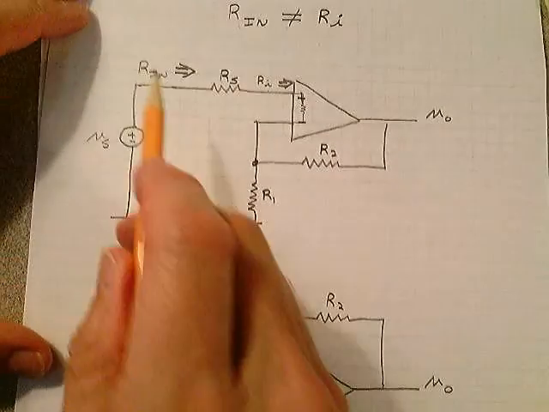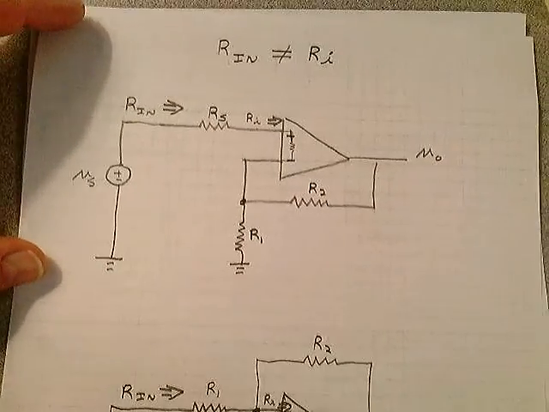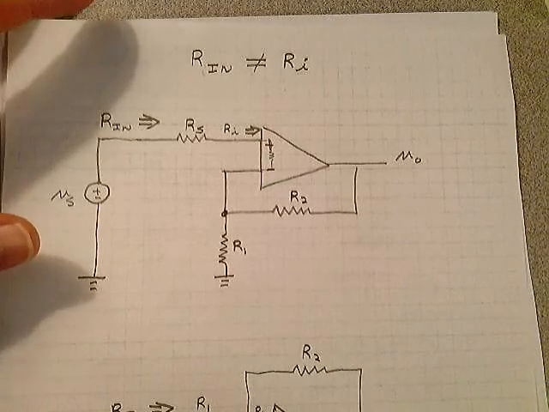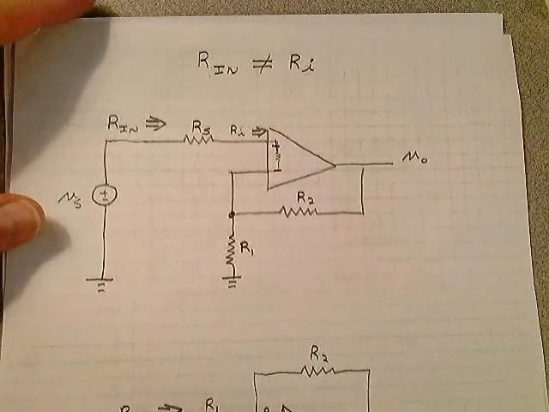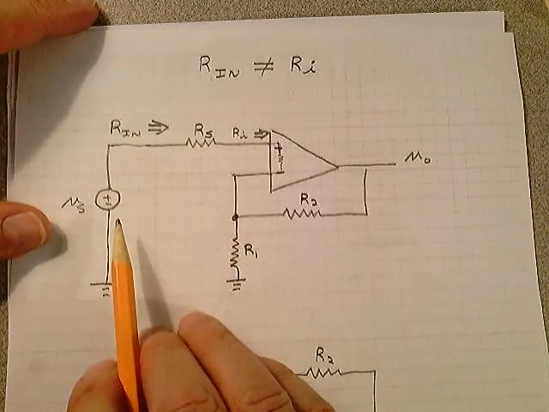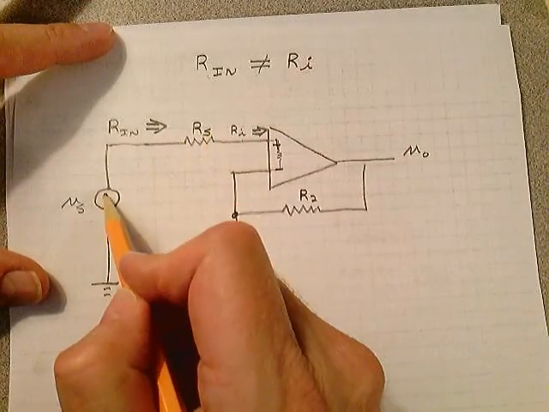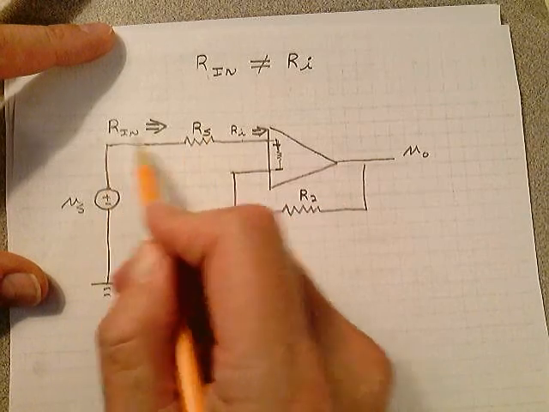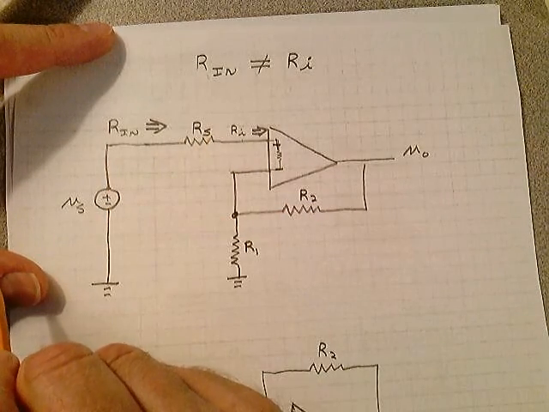Rin and Ri are not the same thing. But in homework and in lab, you're going to have to be able to see this, and I'll show you the quick way of looking at it. Do you see that what I did up here was I got this source resistor and I brought it out and I put it up here in series.